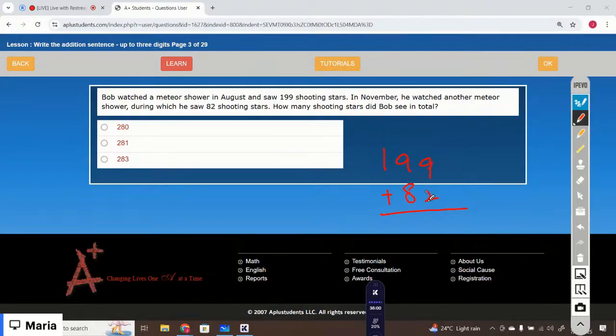That is 9, 10, 11, write 1 and carry on. 9 plus 1 is 10 and 8, 18, write 8 and carry 1. 1 plus 1 makes 2. That is 281 shooting stars.